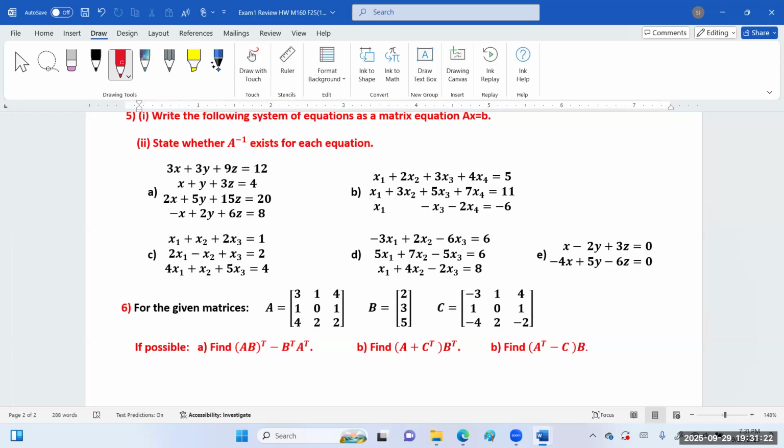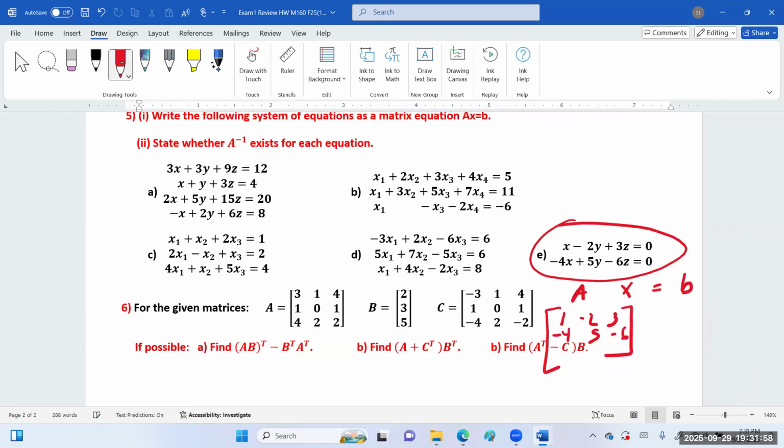It says, first, you're going to write them in equation form, Ax equals b. For example, this is a short one. Let's do this one. You need to find the coefficient matrix, the variable matrix, and then the constant matrix. So what would be the coefficient matrix for this system of equations? 1, -2, and then -4, 5, -6.